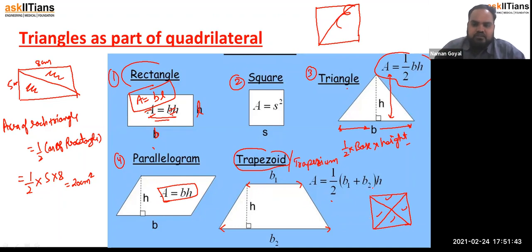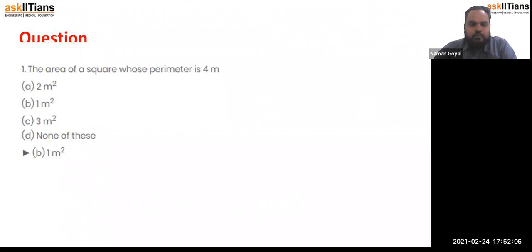If the dimension of this square is 10 centimeters, then the area of a triangle is one upon four of the area of the square. So it will be one upon four into 100, which is 25 centimeter square. Are you getting my point? So this is all about triangle as a part of a quadrilateral. We can do these types of questions, right? Now the next question we have.